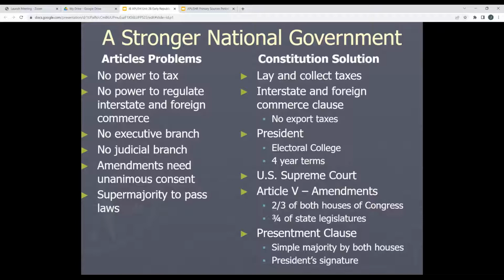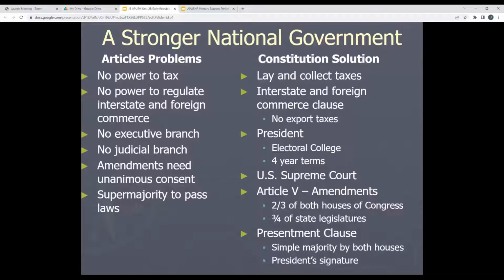Oh well, Constitution solution, Congress will establish a uniform code for all the states, meaning Congress will have the power to regulate interstate commerce and foreign commerce. Efficiency, that makes sense. Awesome. What's happening though? That national government under the Constitution is becoming stronger and stronger and stronger.